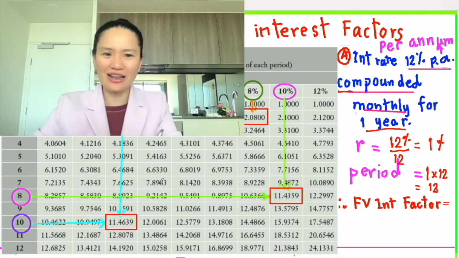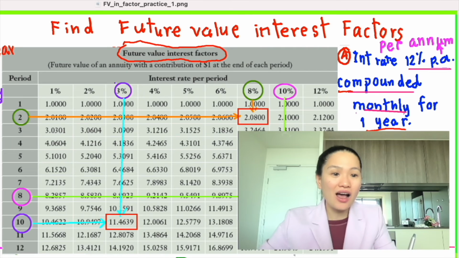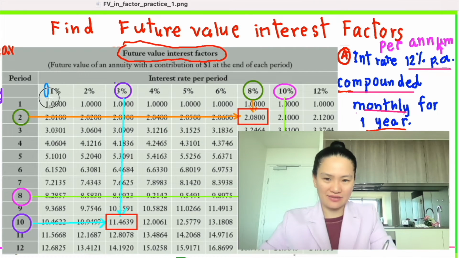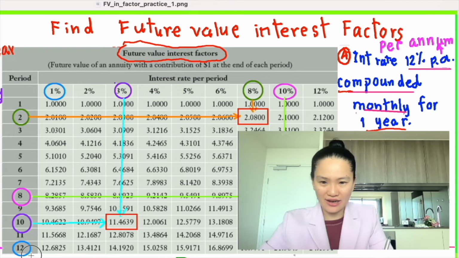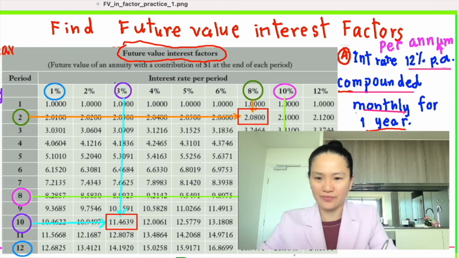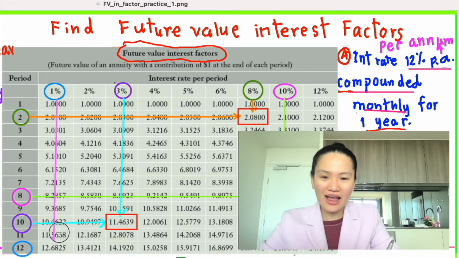Let's find the next one. 1%. The period is 12. 12 is here. So let's see, what can I find the next one from here? Okay. 1% and the period is 12.